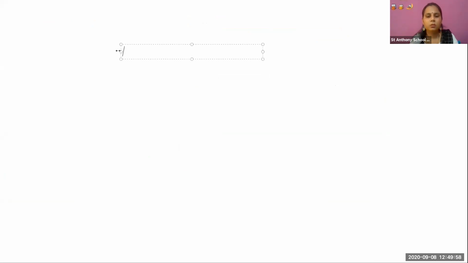Okay. So first of all, what we are going to consider is, given is the measure of angle A is equal to 70 degrees and we have to find the supplement of the complement of angle A. Right? So first of all we have to find the complement of angle A, right?